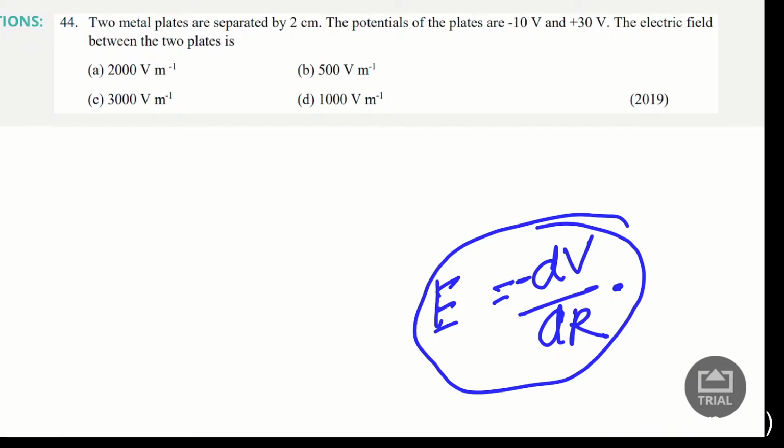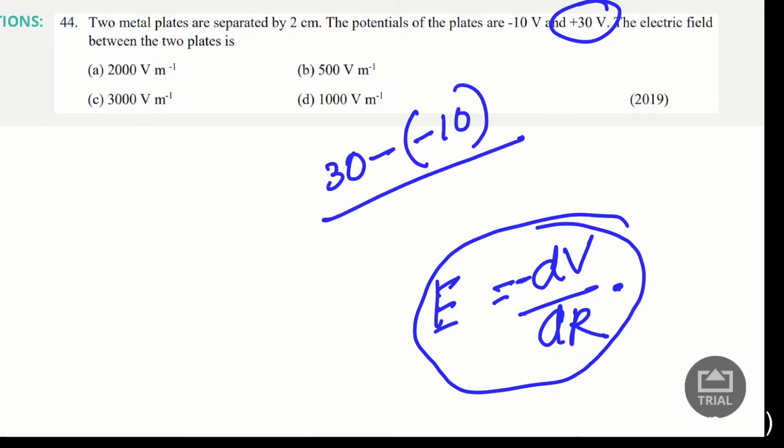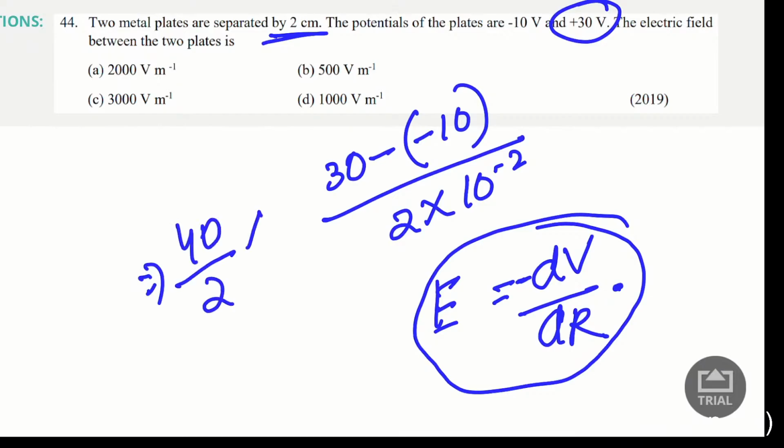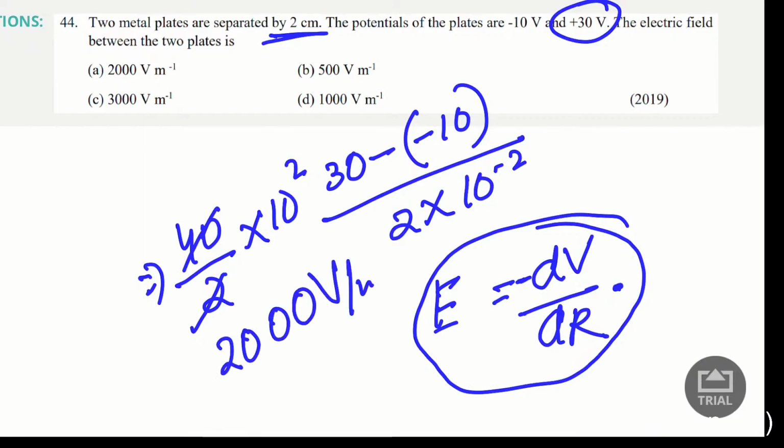So change in potential is there, no? Change in dV is there? If this is my final minus initial, delta V by R is only 1. Just convert it into meter. Okay. Done. So what I got? 40 by 2 into 10 square. Correct. So what? 20,000 V per M.